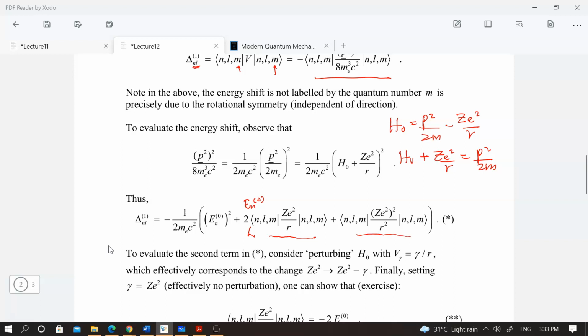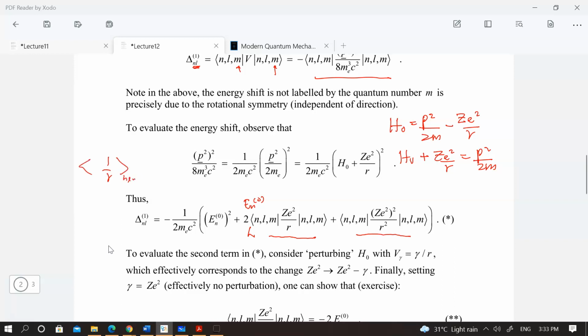Now one can again do this directly. One should be able to do this because there is a formula for the expectation value of 1 over r. I can't remember what it is, but you can check your first course.